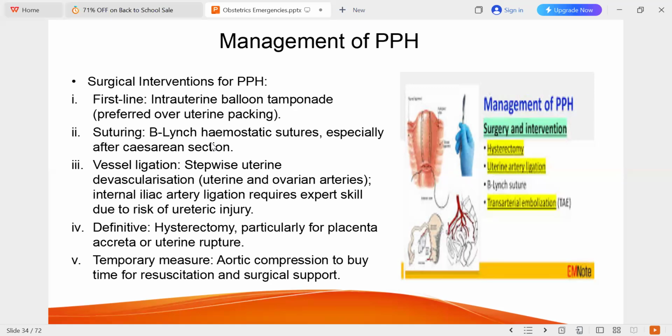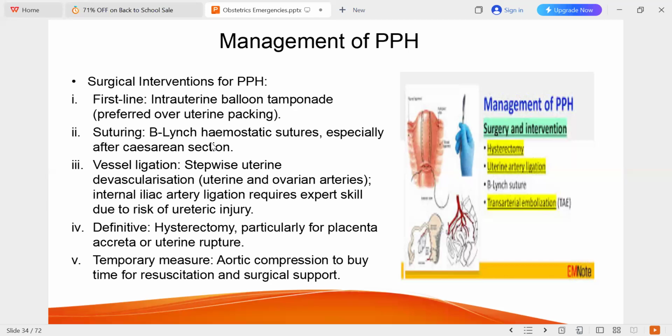So internal iliac artery ligation, and if all fails, especially for patients with placenta accreta, percreta, where the placenta has infiltrated the uterus, so there's no way you can get the placental tissue out, hysterectomy. Or patients who have had uterine rupture, hysterectomy becomes the definitive way, okay?